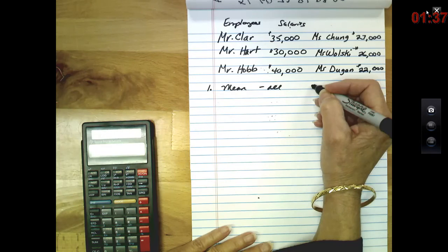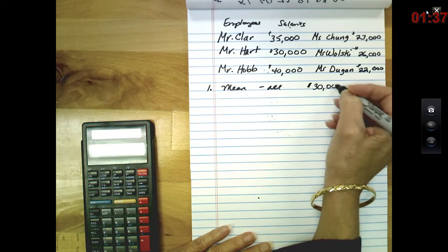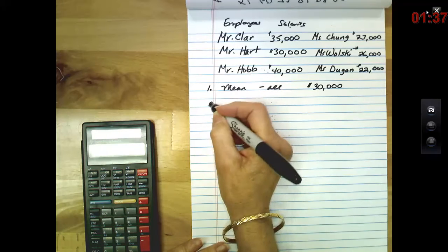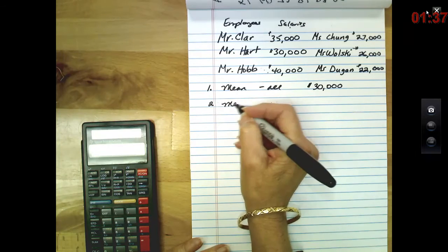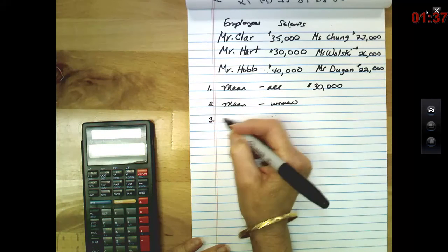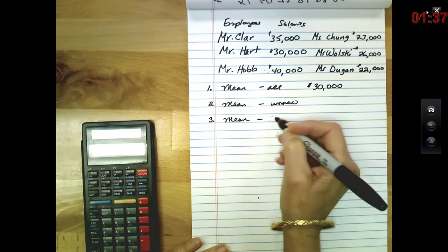What did you get? 30,000. Okay. So the mean or the average salary for all of these employees is 30,000. What is the mean for the women? And then the mean for the men.